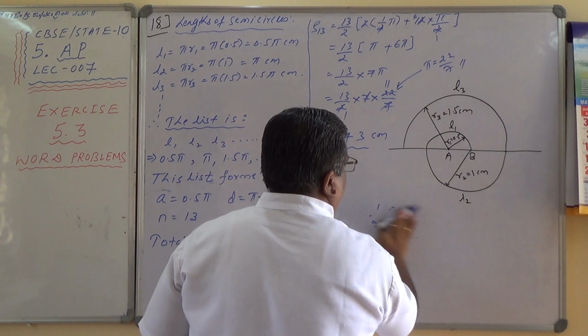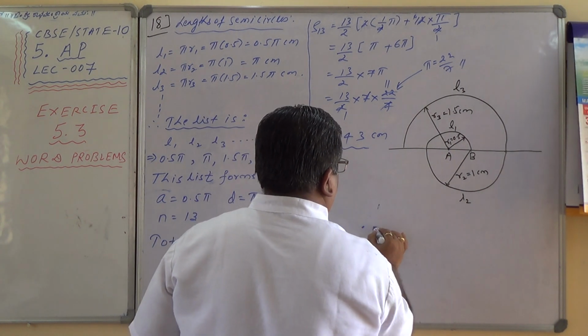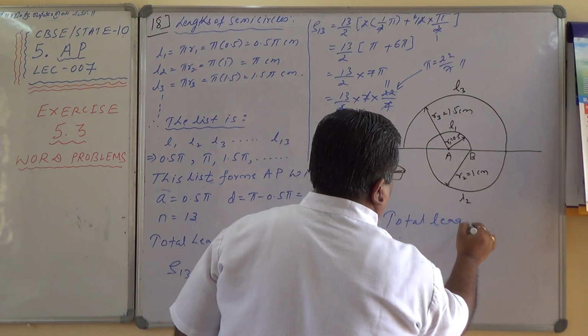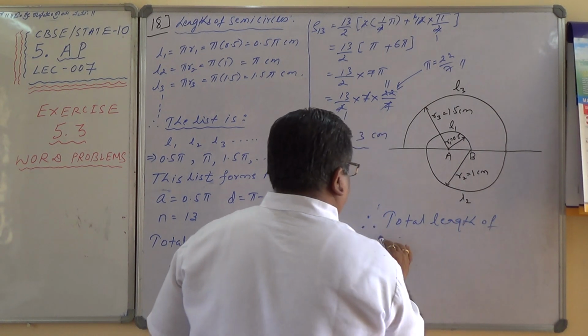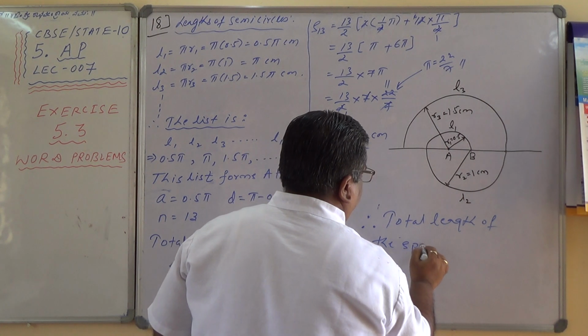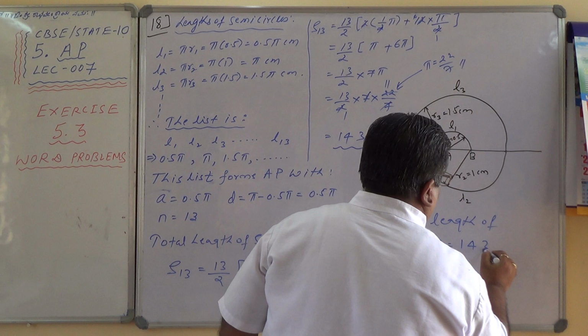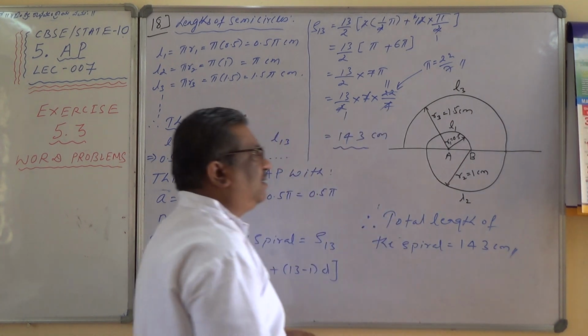Therefore, the total length of the spiral equals 143 centimeter. Very typical sum.